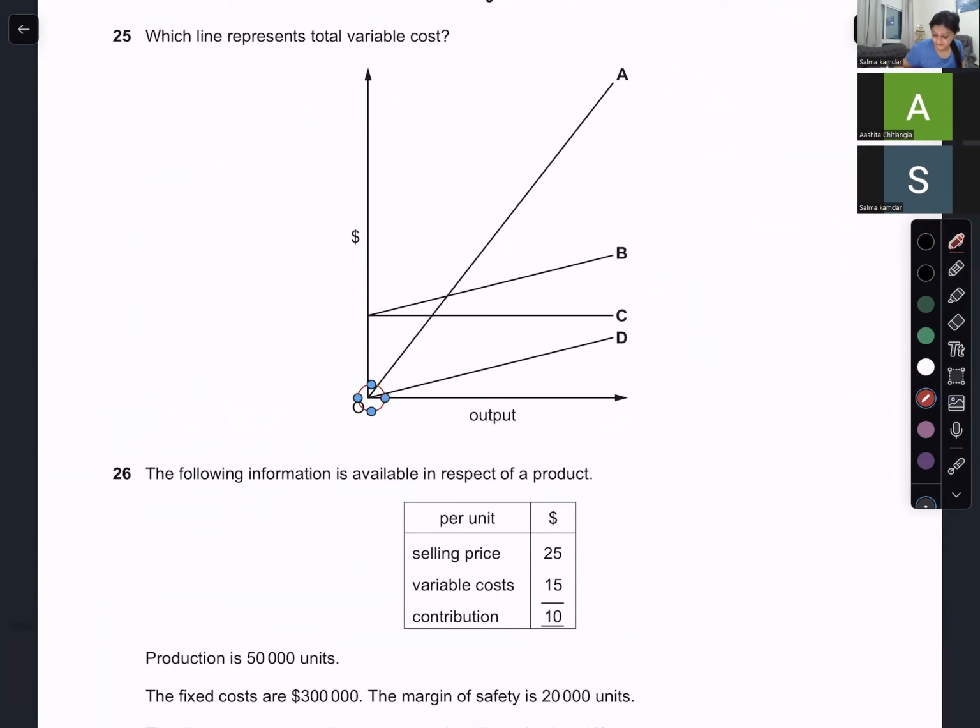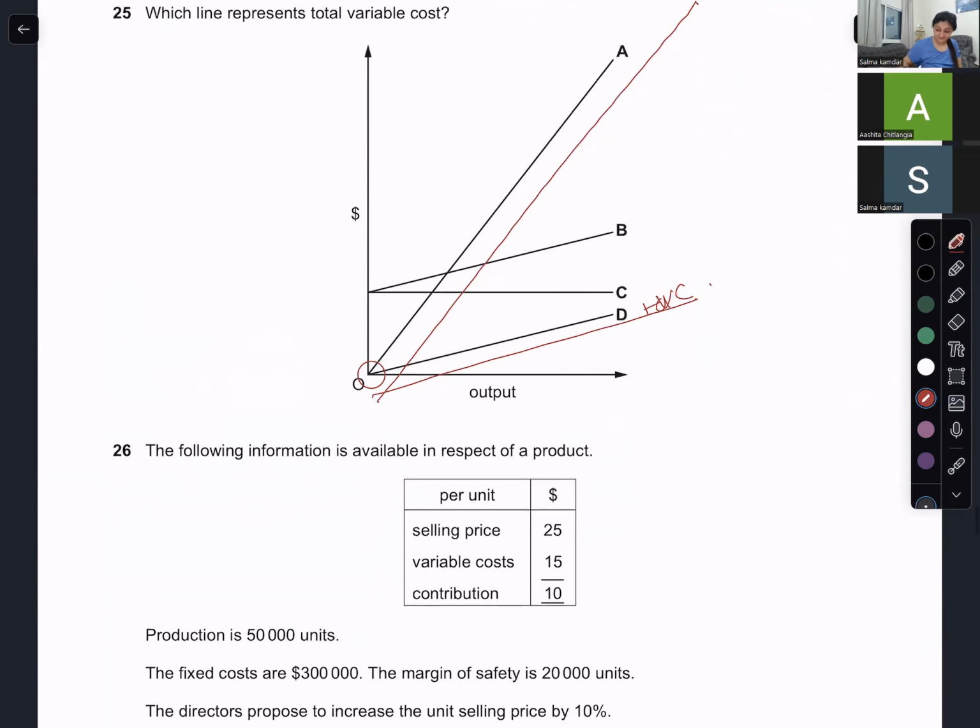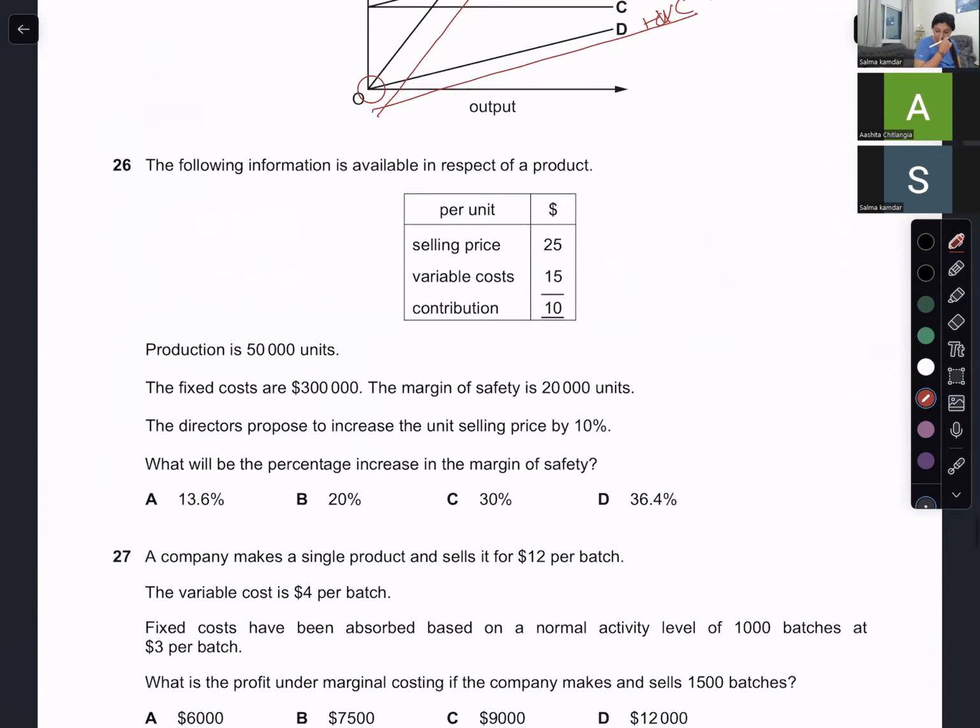D. There are two lines going from year to year. A is revenue. Because C is fixed cost, this is the total variable cost. Okay, fine. Yeah, understand.